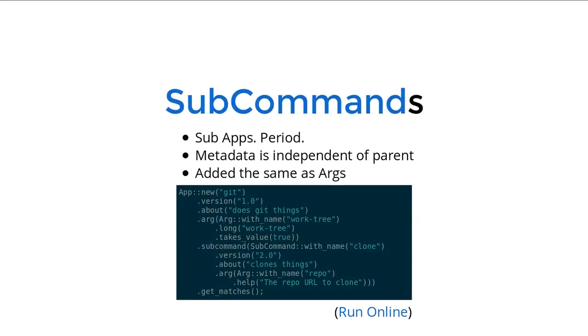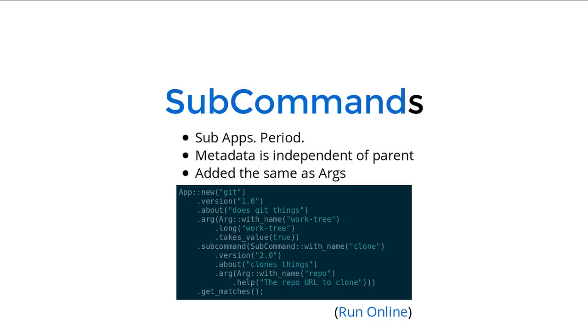So subcommands are one of the biggest things that a lot of people would come to clap to use because they're handled decently well. But you need to wrap your head around the way that they're structured. Subcommands are actually just sub-apps. That's literally all they are. They're built with the subcommand::new, but that's literally where that stops.